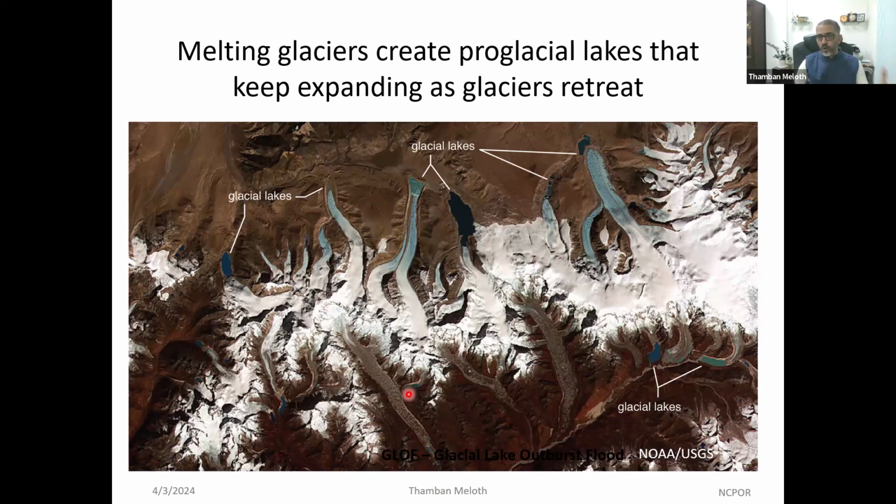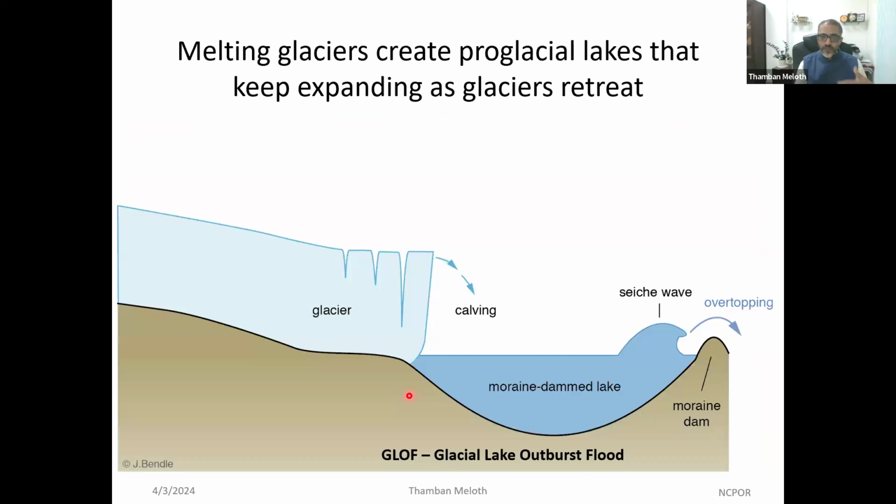In most cases, they are proglacial lakes, which are the lakes in front of the glaciers. And as the glaciers retreat, these lakes keep expanding, which leads to potential cases where there is the possibility of a glacial lake outburst flood, because these lakes are essentially moraine dammed, which are very vulnerable to any toppling, but also sometimes breaching.